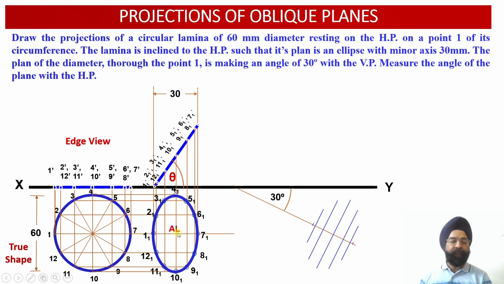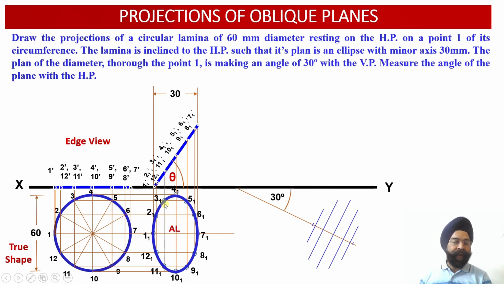Now this point will be lying at the center. We can see this point. It is lying at the center. So corresponding to this point, points 4 and 10 will be located at this distance from the center and this distance from the center. So we are going to mark this length and this length. The moment we mark this length, points 4 and 10 will be located at these two extremes over here.